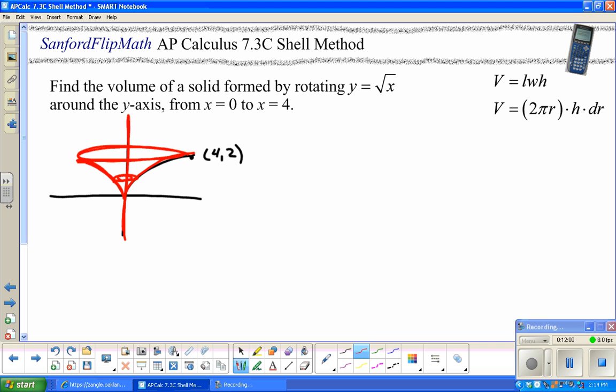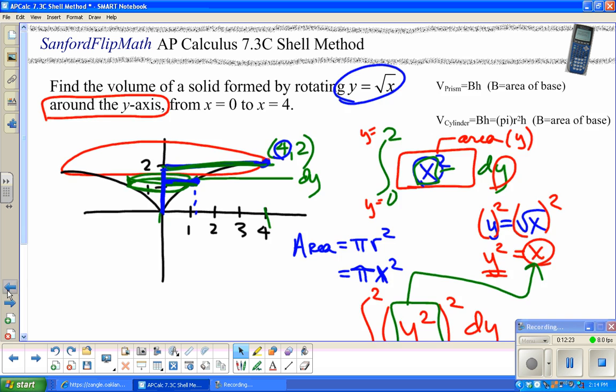Now again, I don't know if it's just this particular graph, but the shells on this, if we were going to do shells, and that's the point of this, is to get practice doing the shells, they're going to look like this. No, actually, I'm wrong. Let me just pop back and see which one I did yesterday. Oh, yep, that's right.